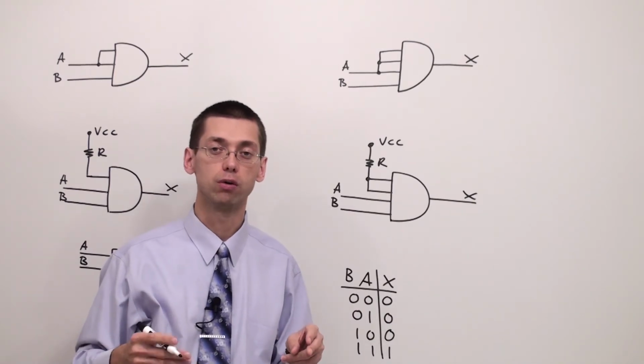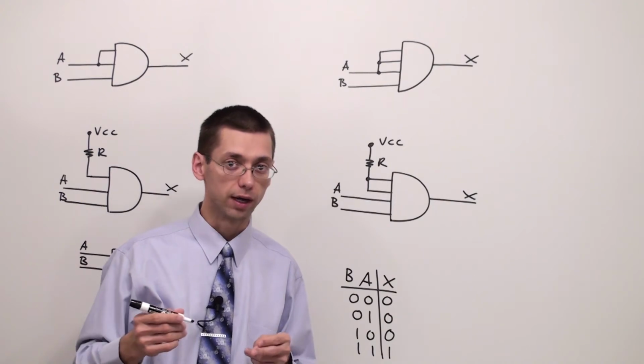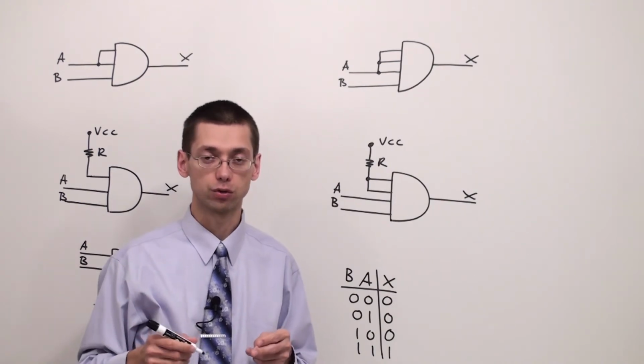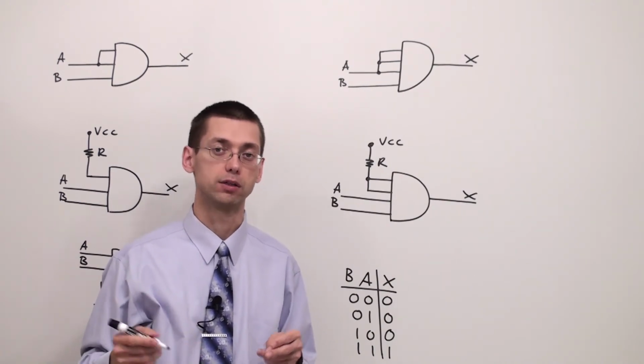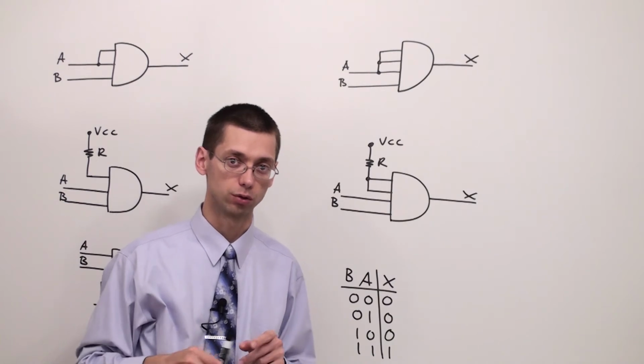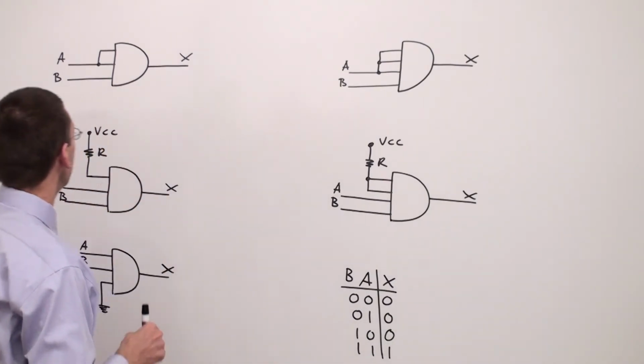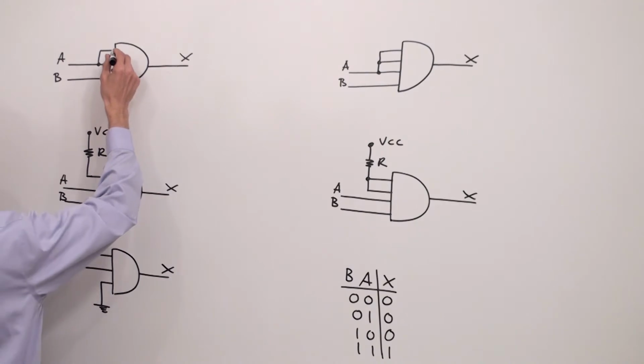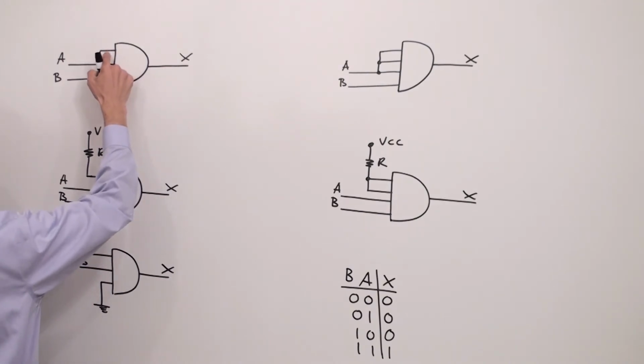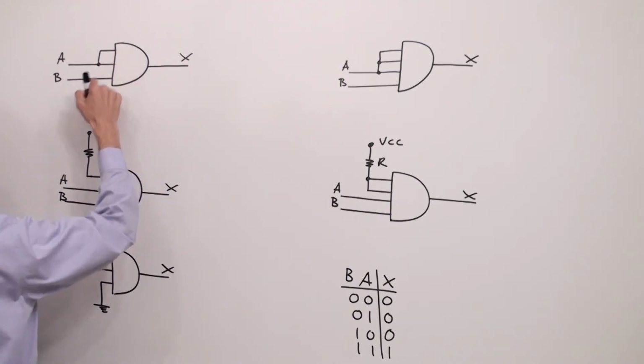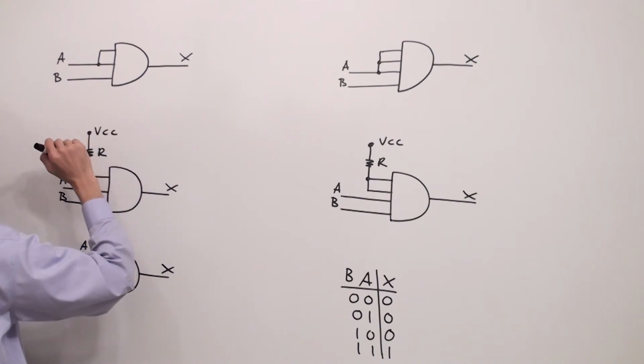So you're supposed to know how to connect the circuit in order to make a 3-input AND gate behave as a 2-input. So I made the connection of the first input with the second, and let's check if this is correct.